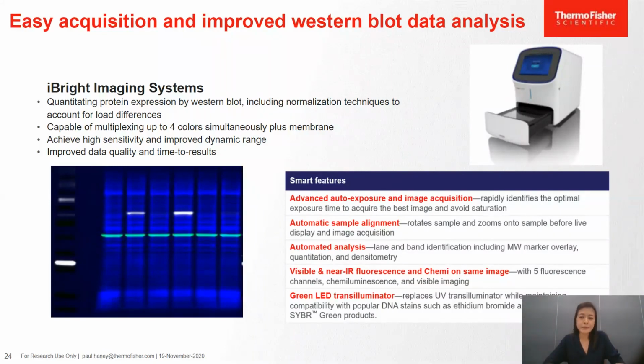The iBright imaging system is capable of multiplexing up to 4 colors simultaneously from both visible and near infrared, and even chemi on the same image. The iBright imaging system allows you to achieve high sensitivity with an improved dynamic range.